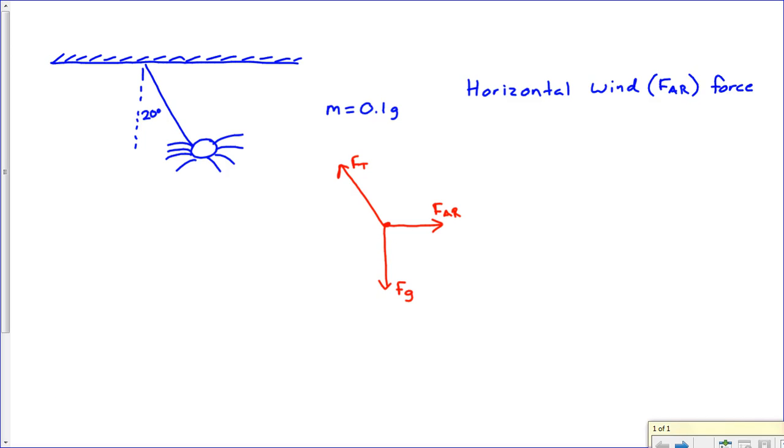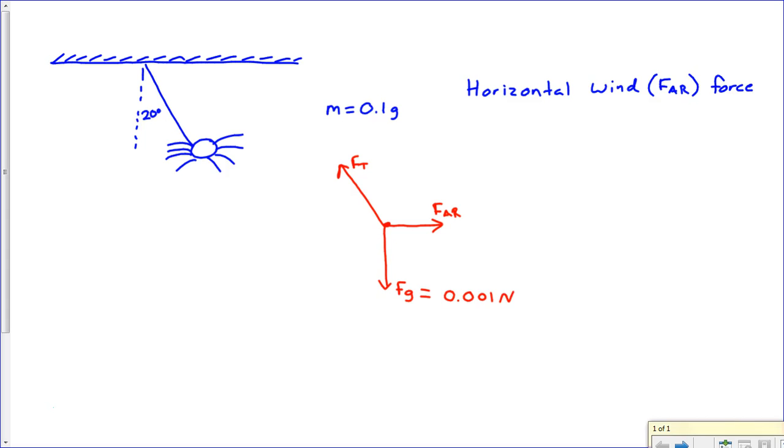Now we can use some of what we know. The gravitational force, if it's a 0.1 gram spider, it's a 0.0001 kilogram spider. Multiply that by 10, and you should be able to get that the gravitational force is 0.001 newtons.